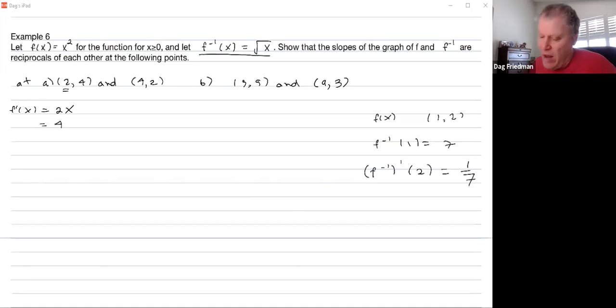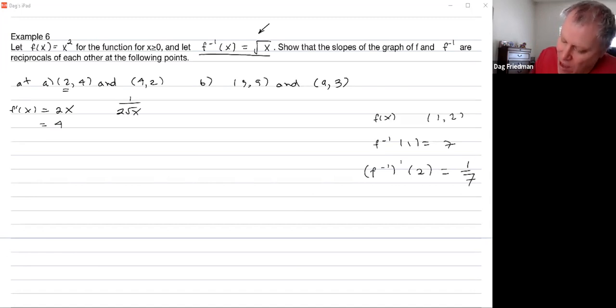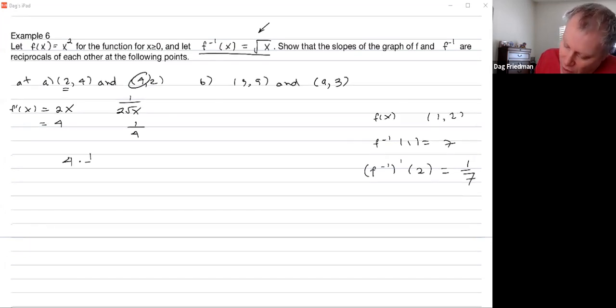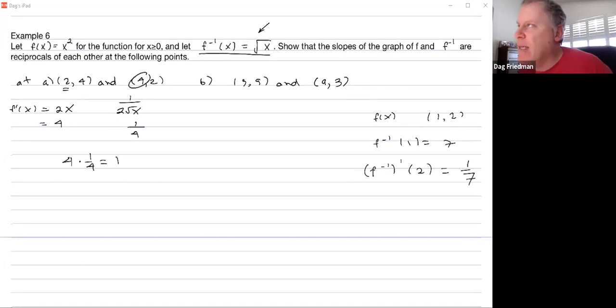On the other hand, if we take the inverse function and take its derivative, which is 1 over 2 root x, and evaluate it at 4, we get 1 over 4. And notice if we multiply those numbers together, we get 1.